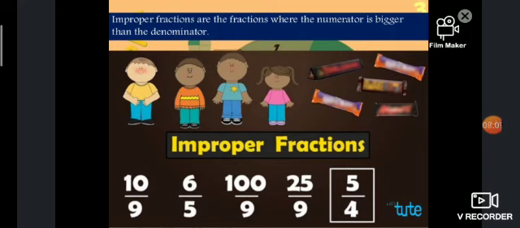At the top there will always be the bigger number, and at the bottom always the smaller number, like 10 by 9, 6 by 5, 100 by 9, 25 by 9, 5 by 4. If you see fractions written like this, they are improper fractions.